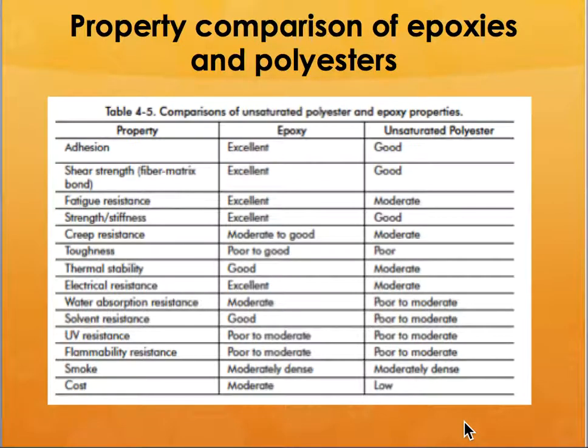This gives you a single table comparison of properties of epoxies and polyesters. You can see that the more epoxy, the better. But the thing to note, especially on an industrial level, is that epoxies are moderate in expense, whereas unsaturated polyesters are low.